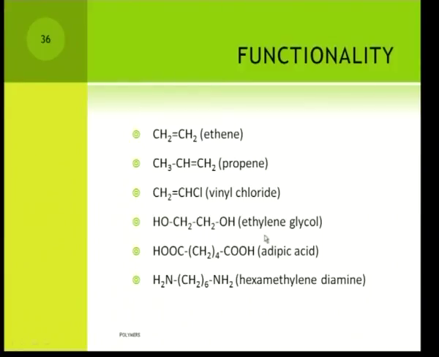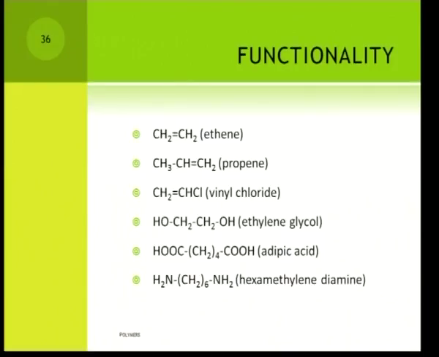For example, ethylene glycol is a very important monomeric unit. This molecule is also called a monomer because of its bonding sites which are available in the form of hydroxyl groups, that is OH and OH. These functional groups present in these molecules can also be responsible for their functionality, and again in this molecule the bifunctionality is due to the presence of two hydroxyl groups, namely OH on one side and OH on the other side.